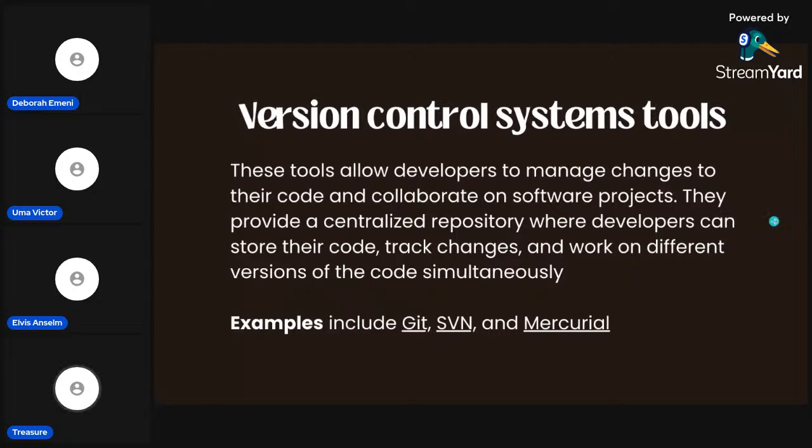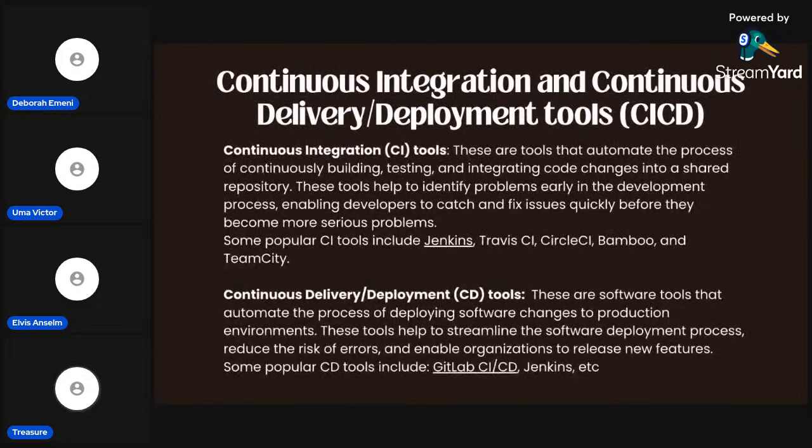Then we'll move on to the next: the continuous integration and continuous delivery tools. We'll divide them into two, which are the continuous integration and the continuous delivery tools. The continuous integration tools are basically tools that allow us to do things like building and testing before we integrate into the main code.